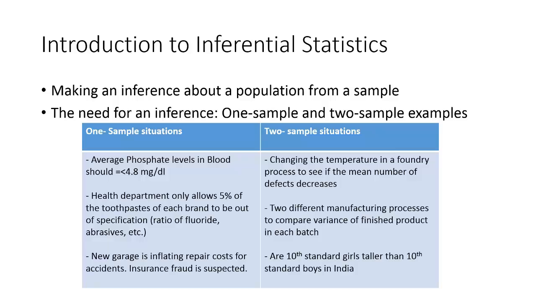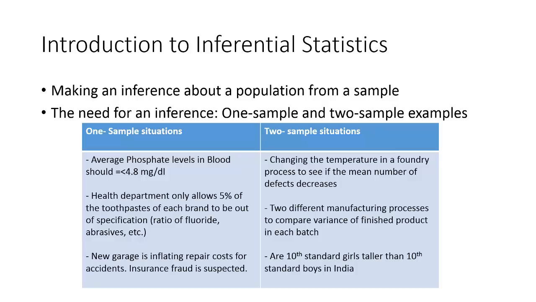But it's perfectly possible that you went and took 10 toothpastes from the market, and with your luck, 7 of those 10 are out of specification. That's perfectly possible, right? It might not be the most probable thing, but it's perfectly possible.